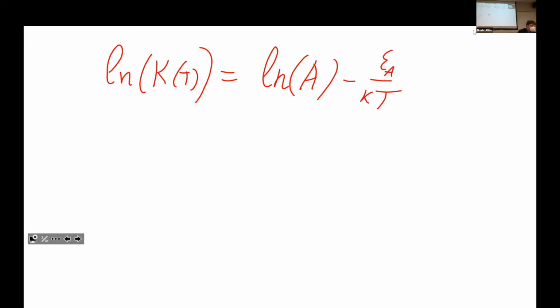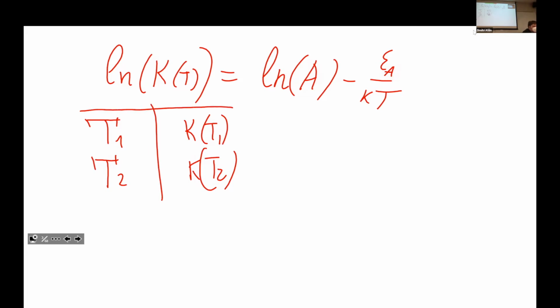So suppose in our table we have only two values: temperature 1, temperature 2, and then your MATLAB code gives you k of T1, k of T2. I'm declaring that this little table will be sufficient to find the value of activation energy.